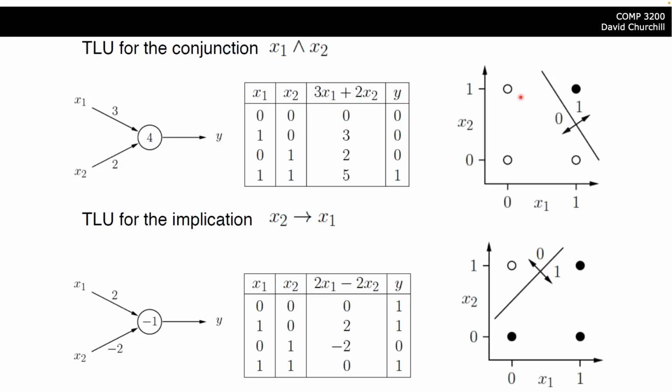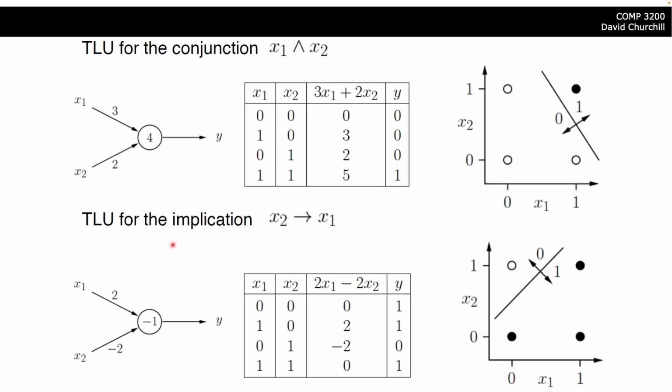So that's really cool. And if a function like AND is able to be separated with a single line, then that's called linearly separable. Okay? So linear separability is the ability to cut this function and classify its outputs with a single line in a space. Let's look at another one.